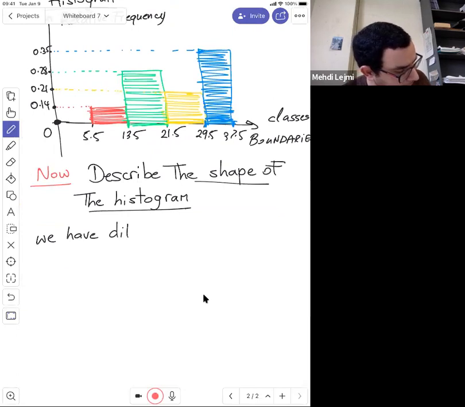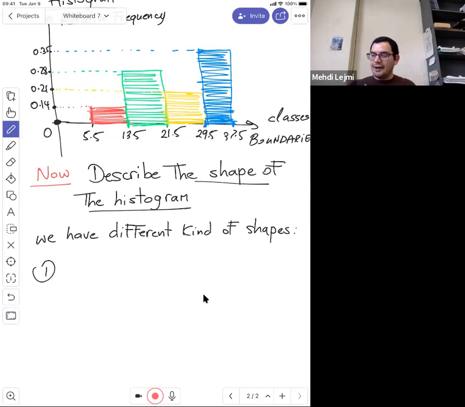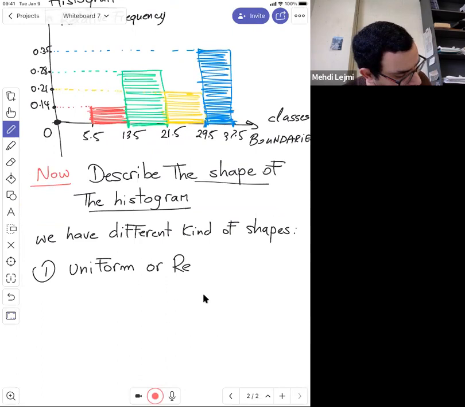First we have the uniform, or what we call a regular histogram. What do I mean by uniform or regular histogram?